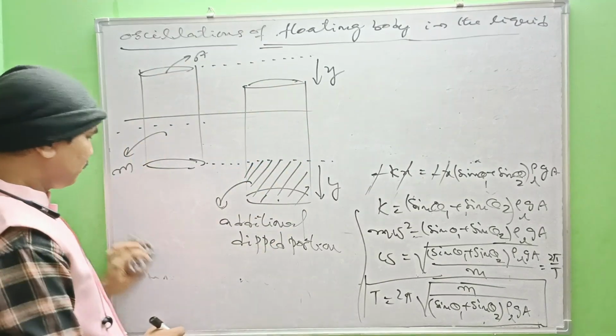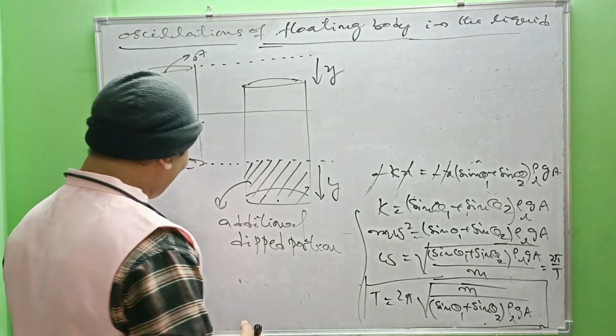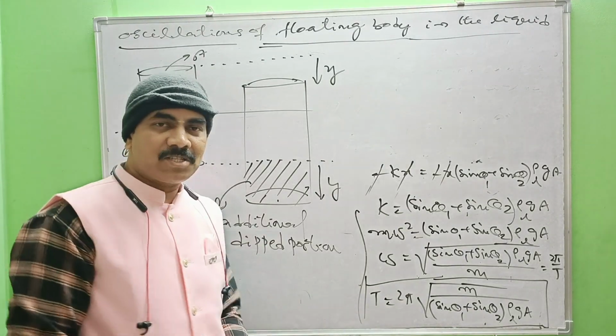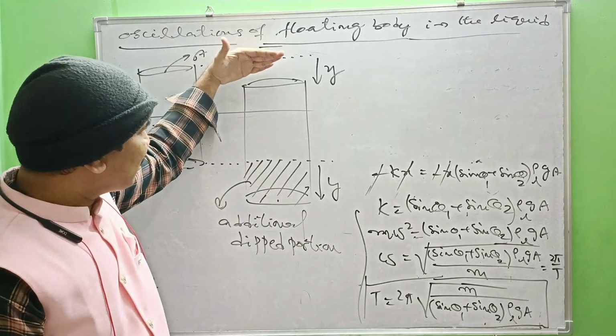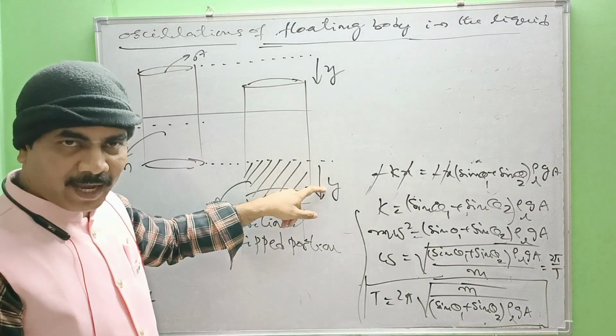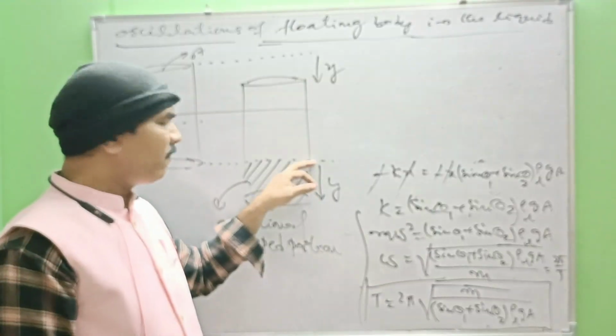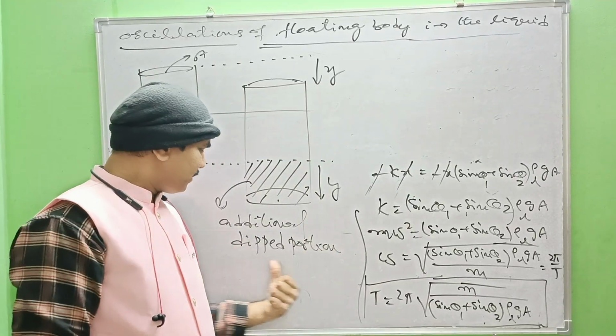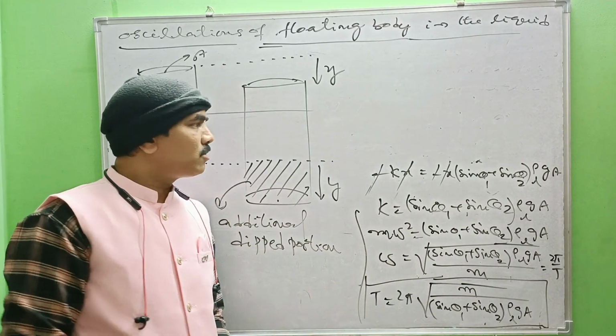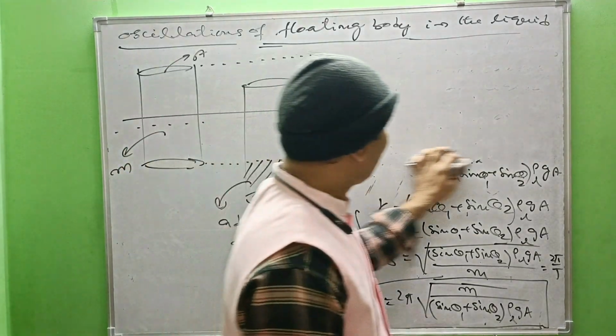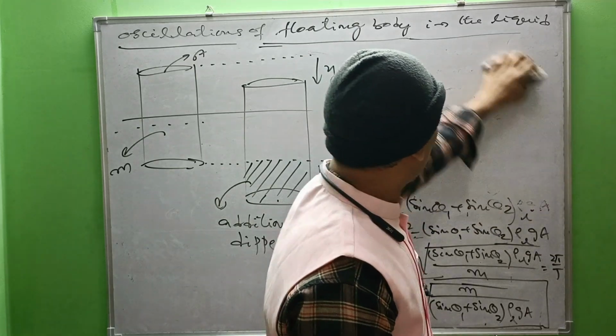So what agent serves as the restoring force here? Whenever this body is further dipped through a small amount y, this dipped portion will be acted upon by some buoyant force, right? That itself serves as the restoring force.